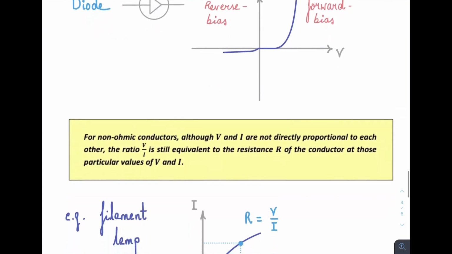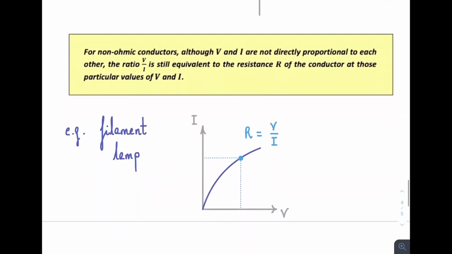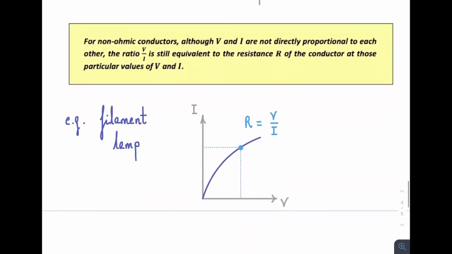It is important to note that for non-ohmic conductors, although the voltage and the current are not directly proportional to each other, the ratio V on I is still equivalent to the resistance R of the conductor at those particular values of voltage and current.